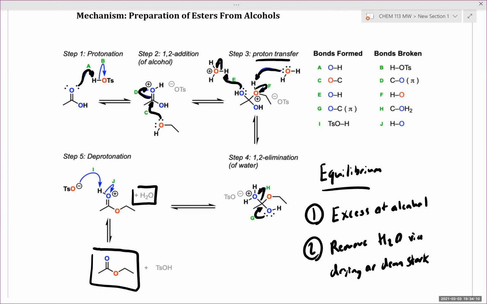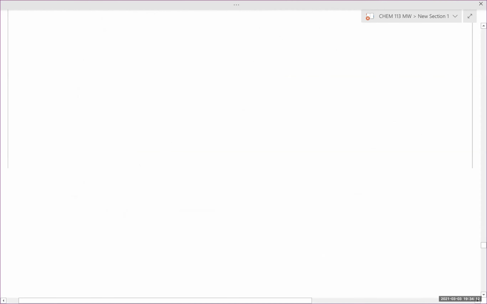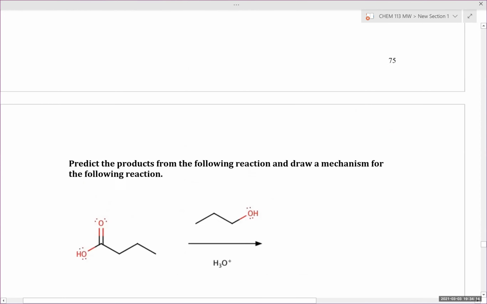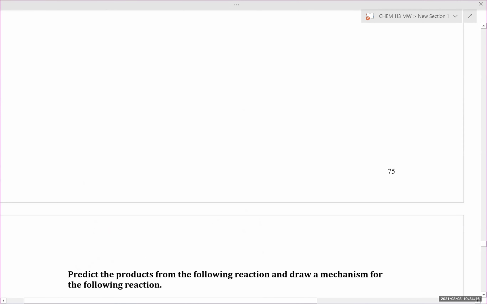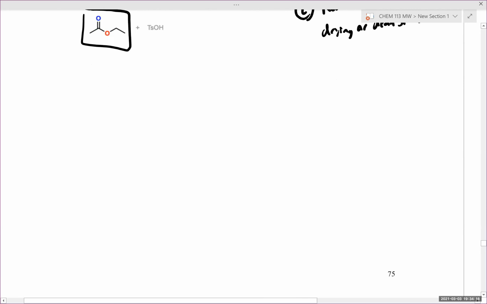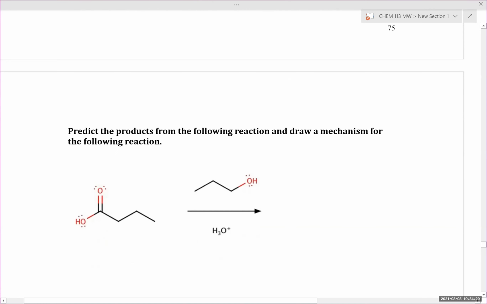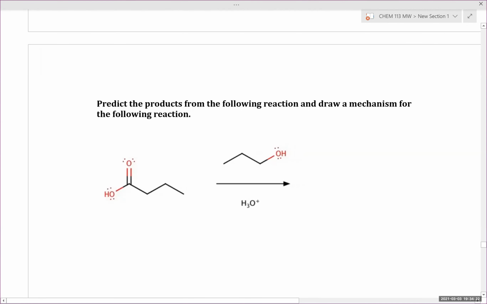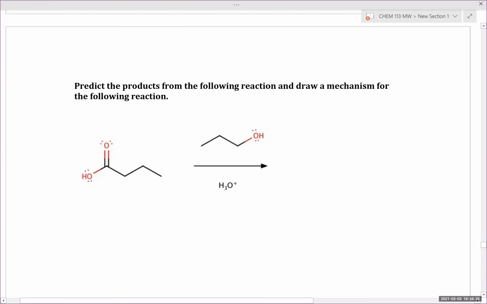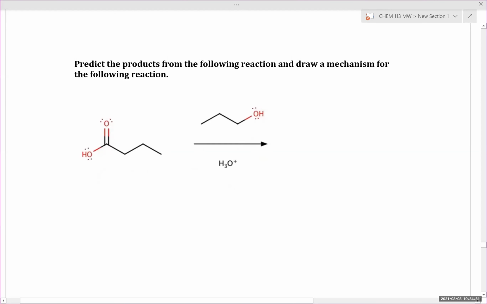Okay, so let's keep going now and let's look at the application. Okay, so let's keep going and let's focus on the application of these acid-catalyzed trans-esterification reactions.